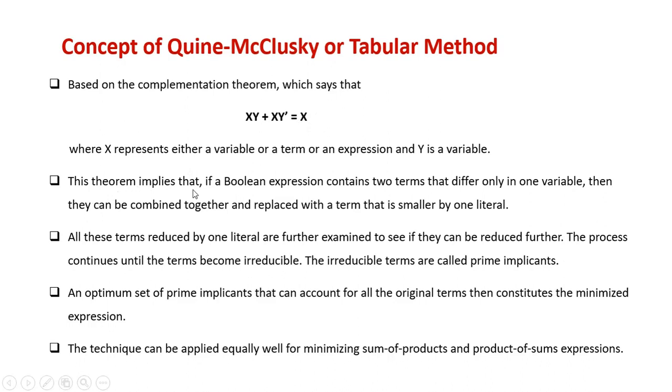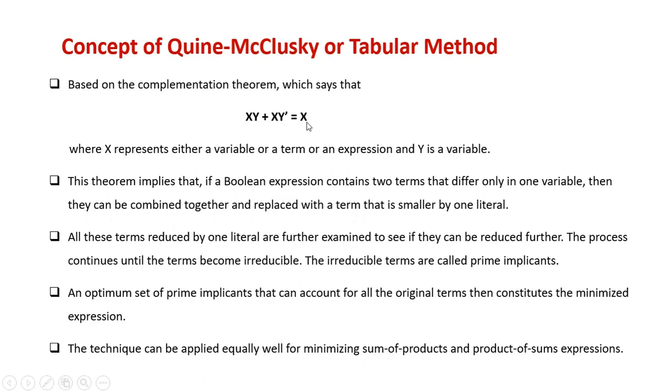Now this theorem implies that if a Boolean expression contains two terms that differ in only one variable, which is y in one term and y bar in the other, then they can be combined together and replaced with a term that is smaller by one literal.